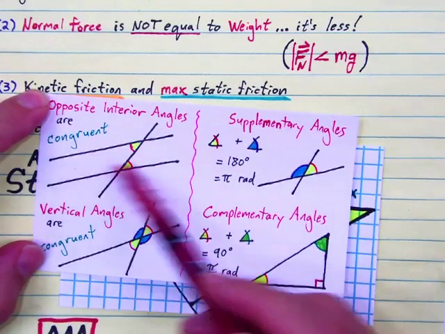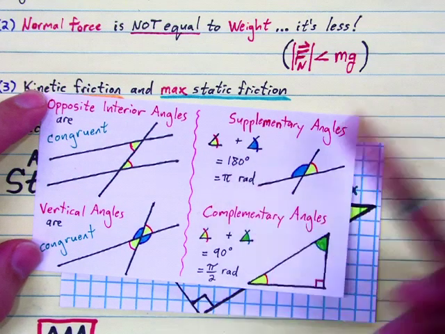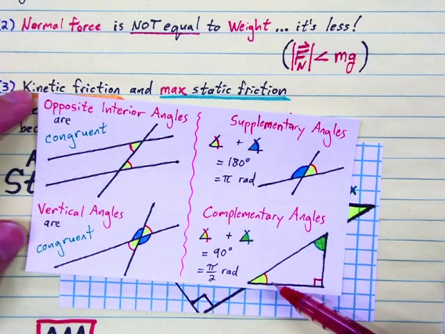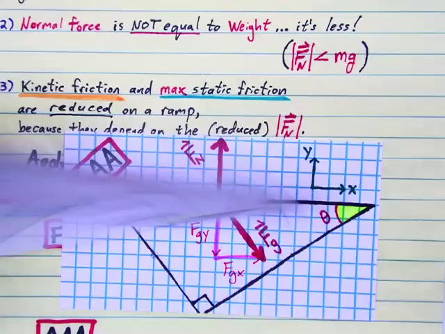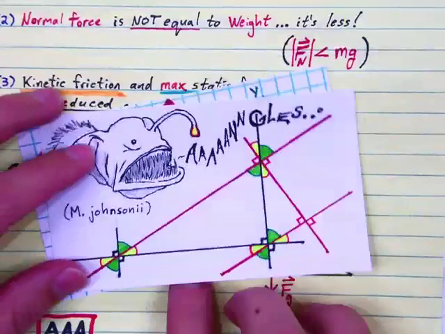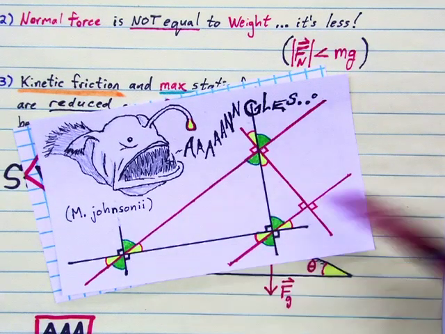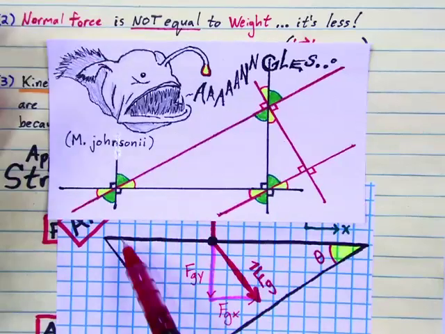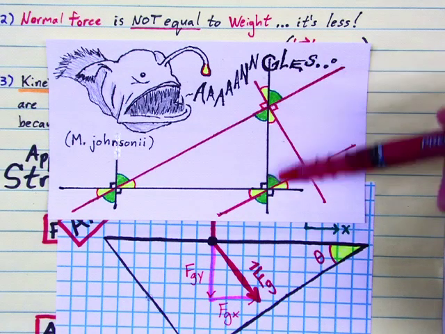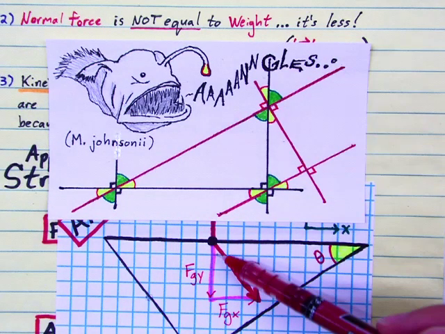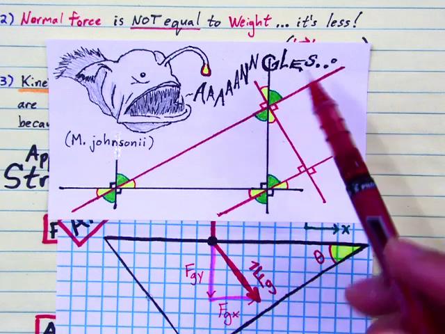Opposite interior angles are congruent, vertical angles are congruent, supplementary angles add up to 180, and complementary angles, as in the two non-right angles of a right triangle, add up to 90 degrees. Putting those ideas together, we can draw diagrams such as this, one big triangle here, which is analogous to our big ramp right here, and a little right triangle right here, which is similar to our components of our force of gravity triangle right here.